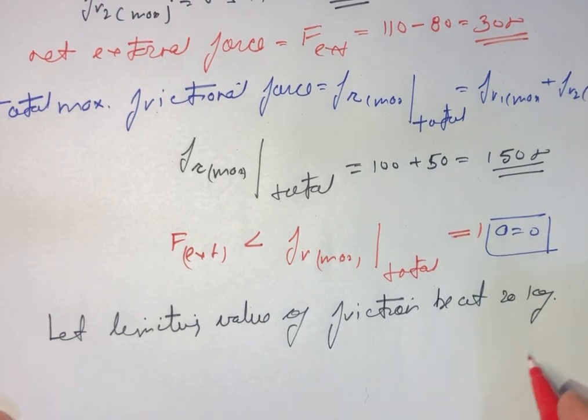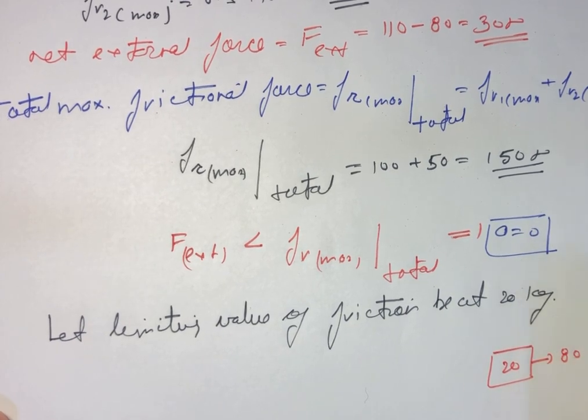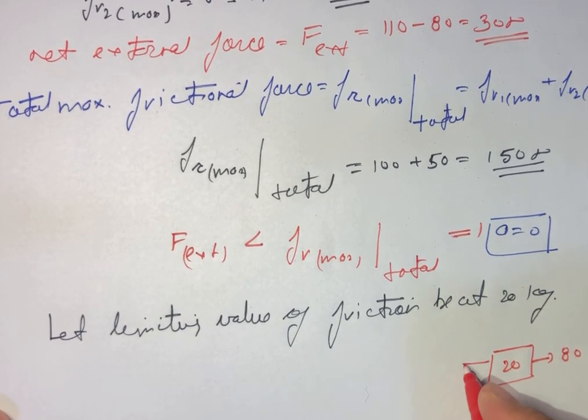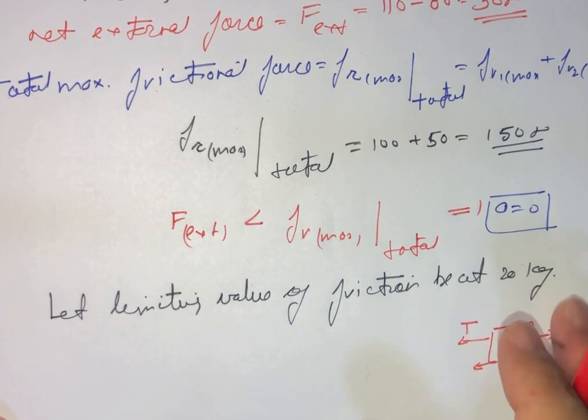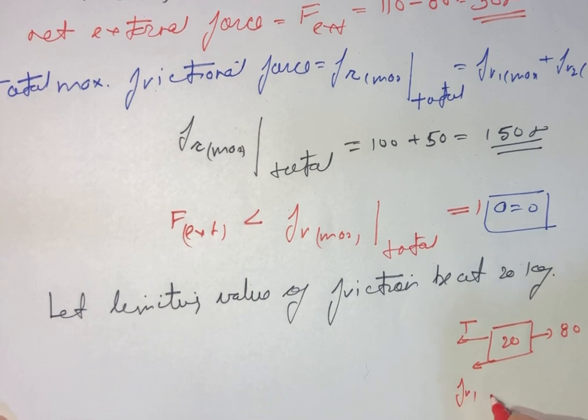So let us draw the 20 kg block. So 20 kg, we have a force of 80 Newton and there is a tension T, and we have here FR1 max, and whose value is 100 Newton.